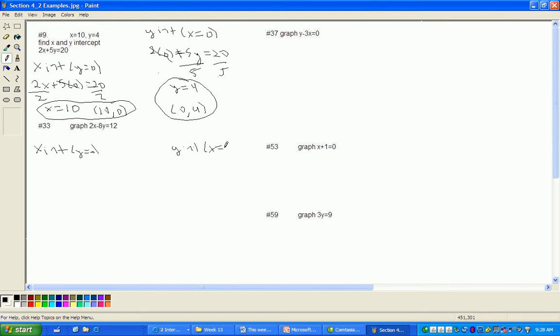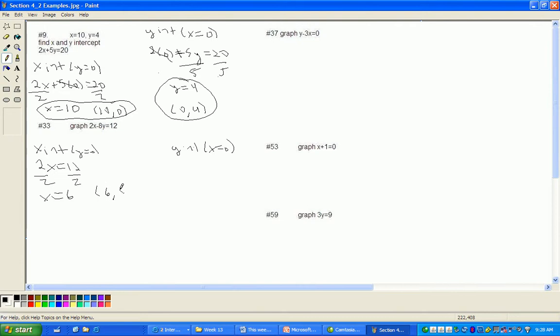So x-intercept y is equal to 0. Put 0 in there, that's going to be 0, so we get 2x is equal to 12. Solve for x by dividing by 2. X is equal to 6. So one point is going to be 6, comma 0.